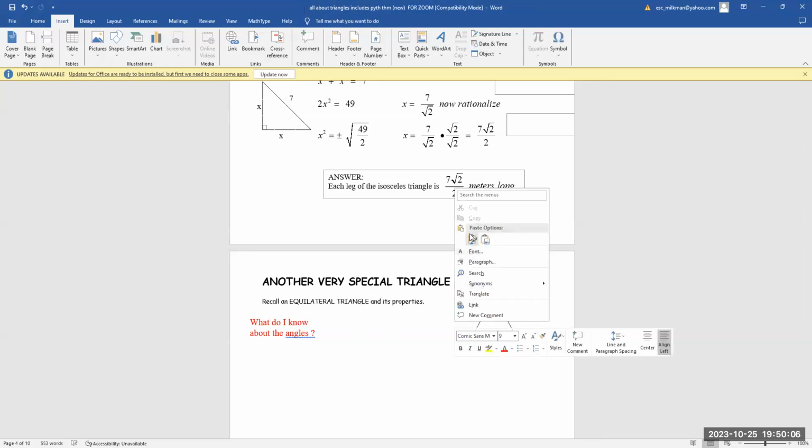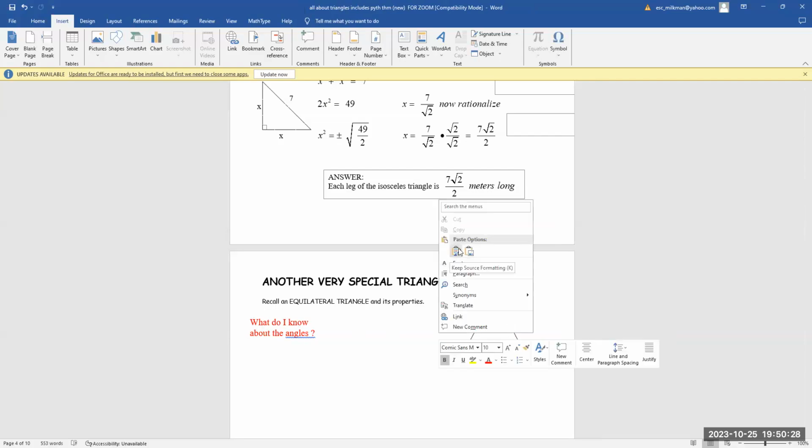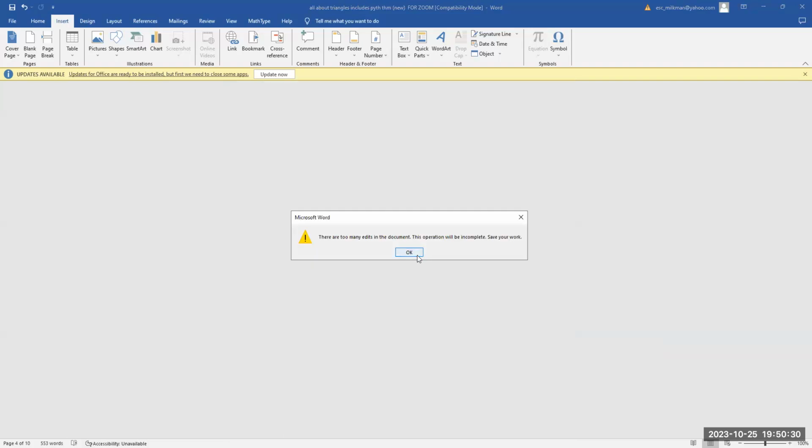and this side is exactly the same as the equilateral triangle, I know this is an isosceles triangle because two of the sides are the same. Isosceles triangle, at least two sides are the same, and that means these base angles are exactly the same.